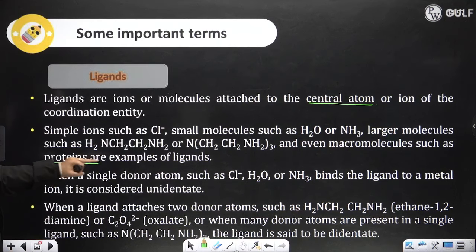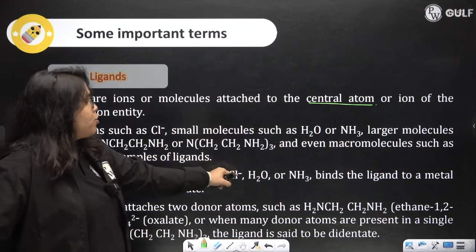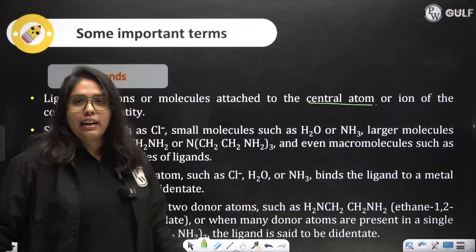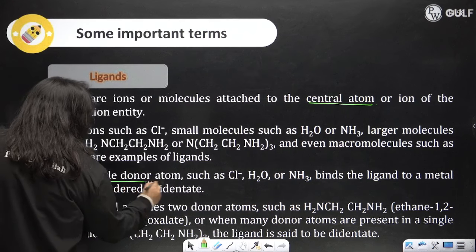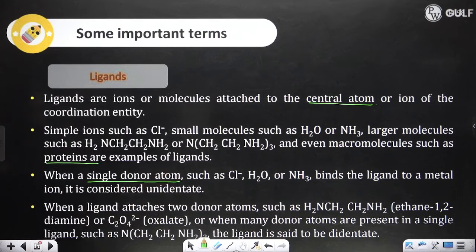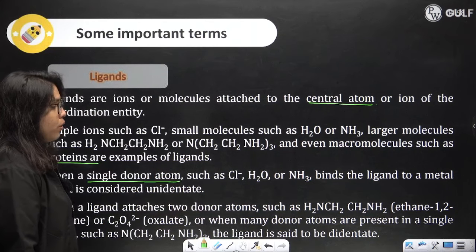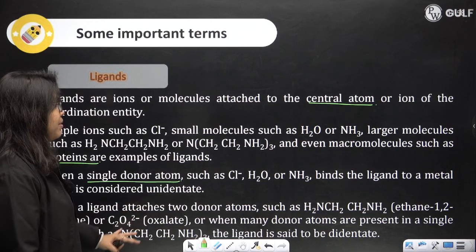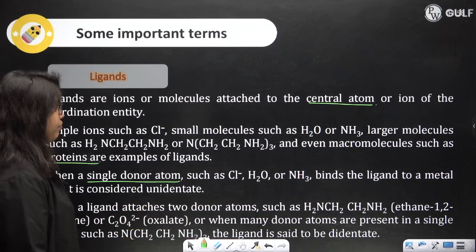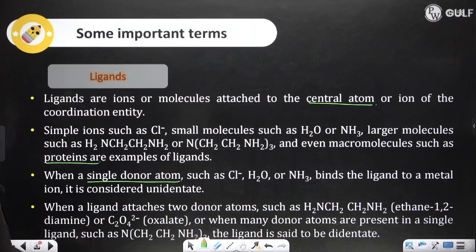When a single donor atom such as Cl minus, H2O or NH3 binds to the metal, they are known as unidentate. That is, they are donating a single pair of electrons. When a ligand attaches through two donor atoms, like NH2, CH2, CH2, NH2, or oxalate, it is bidentate.